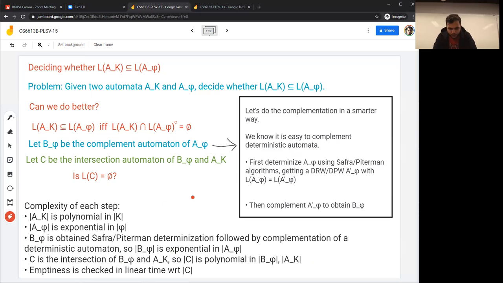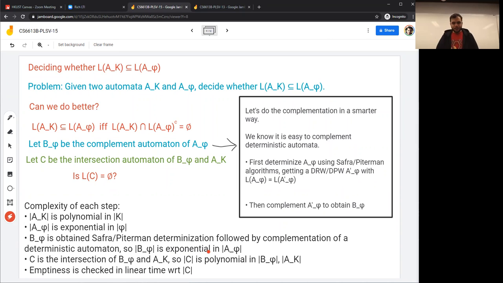So putting all of these things together, what is our runtime now? It's linear in the size of the Kripke structure, in the size of our system, but it's doubly exponential in the size of the formula. Why doubly exponential? Because I have an exponential here going from the formula to its non-deterministic Büchi automaton. And then I have another exponential here when I'm determinizing it. Okay. This is much better.